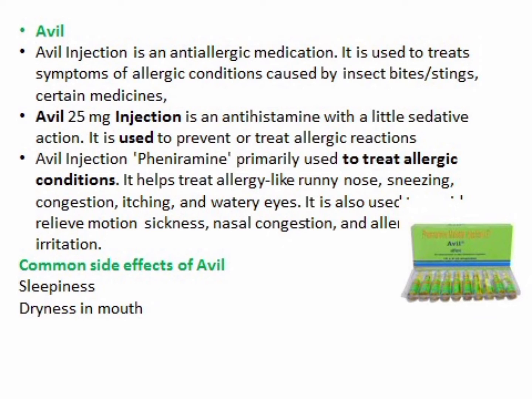Avil injection pheniramine is primarily used to treat allergic conditions. It helps treat allergies like running nose, sneezing, congestion, itching and watery eyes. It is also used to relieve motion sickness, nasal congestion and all allergic irritations. Common side effects are sleepiness and dryness in the mouth.